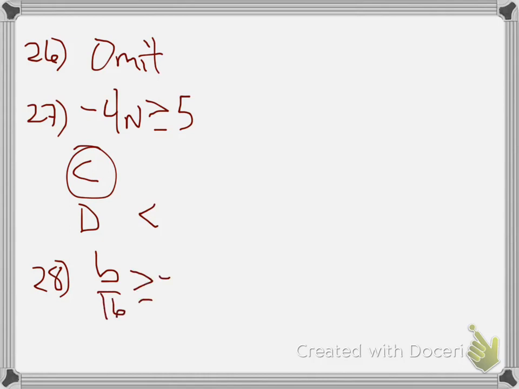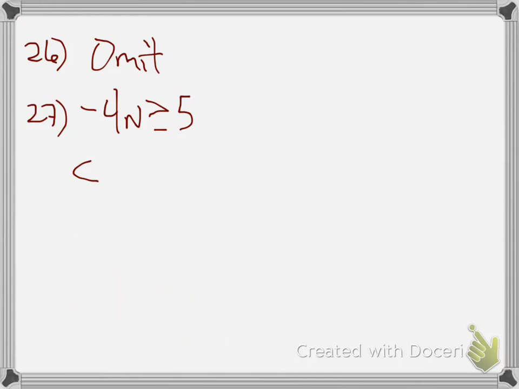28, the opposite of dividing is, oh, sorry, 27 went too fast. Come back here to 27. I know you saw the answer, but look at this. Okay, negative 4 times n. Okay, so right there I know it's down to C or D. Negative 4 times a number. Okay, the question is the phrase: is no less than or is less than, what would this greater than or equal to symbol be for?